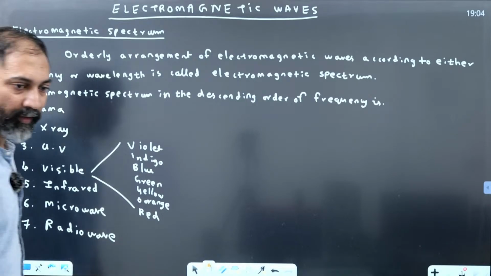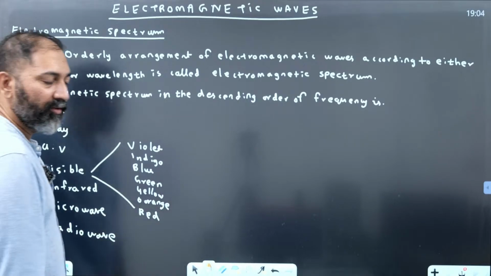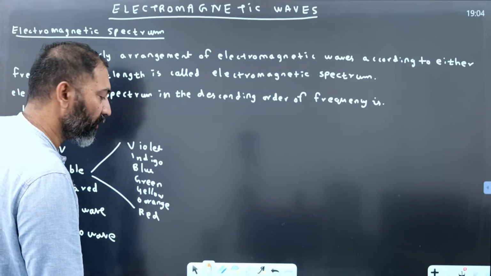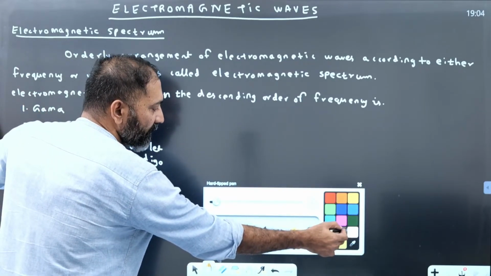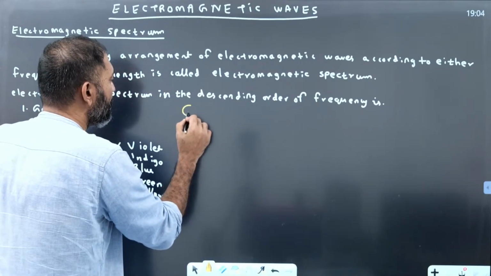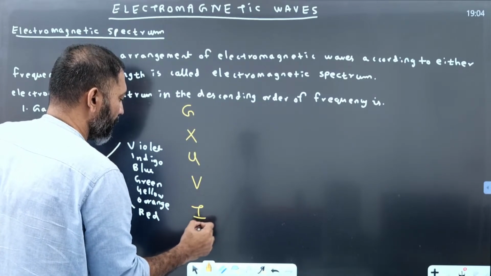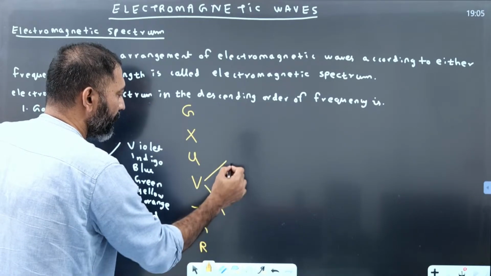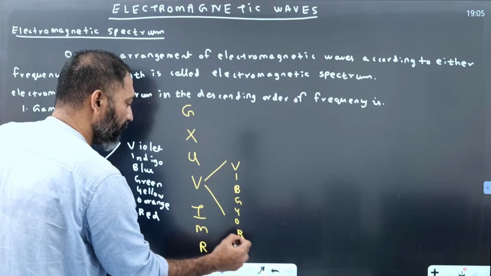I think we have done our sure shot for the first chapter. The short note, from the exam point of view, video is uploaded already. It is easy to remember in this way. What is visible light? Inside visible light we have VIBGYOR. It's easy to remember.